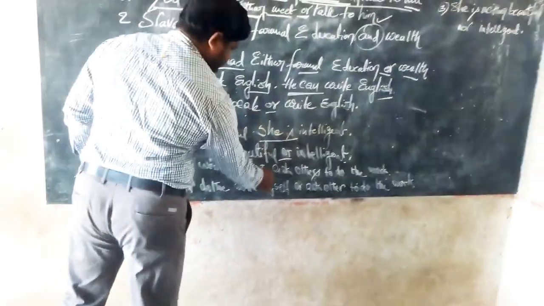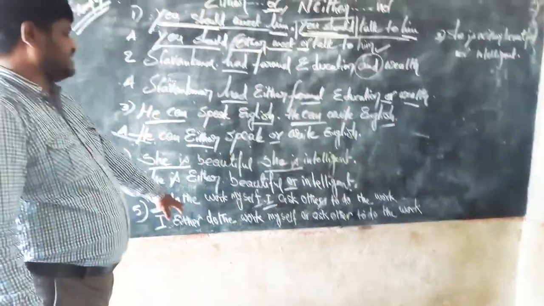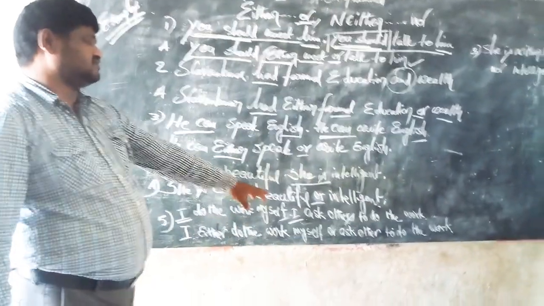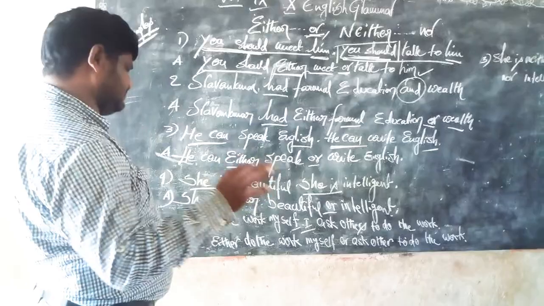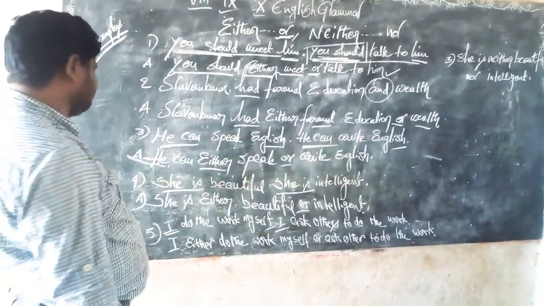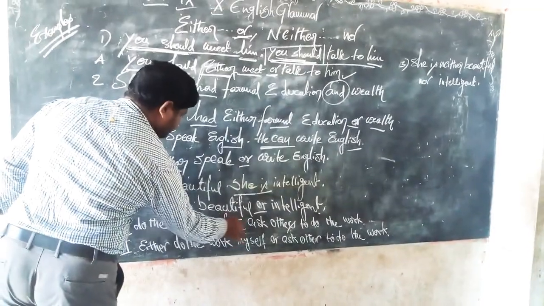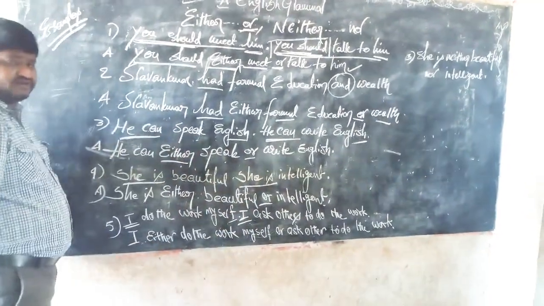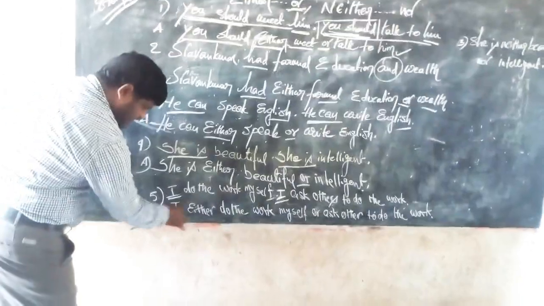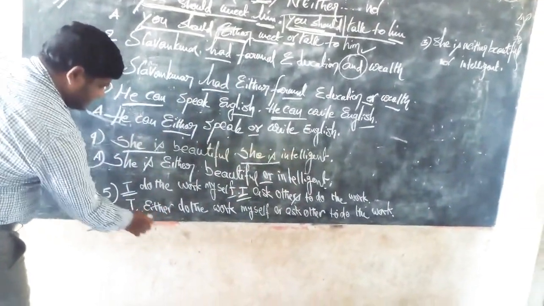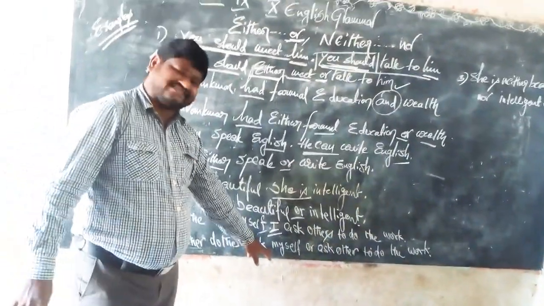I. In the second sentence also, I. To do the work myself and ask others to do the work gives the same meaning, friends. Here, in the second sentence, remove the I. Why? Because it is the same word. In the first sentence, as it is, write the I. After that, I either do the work myself.